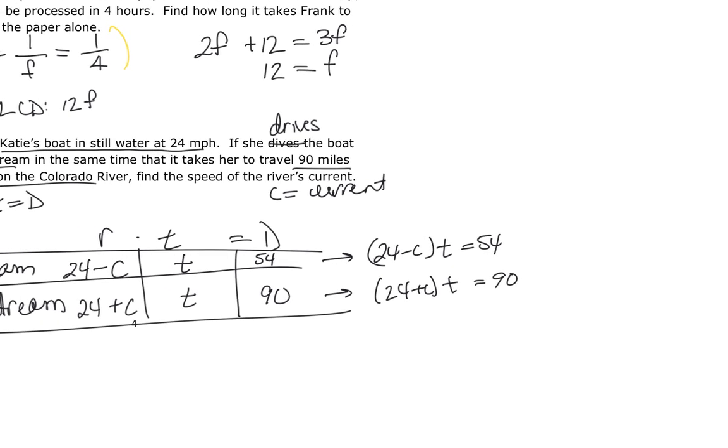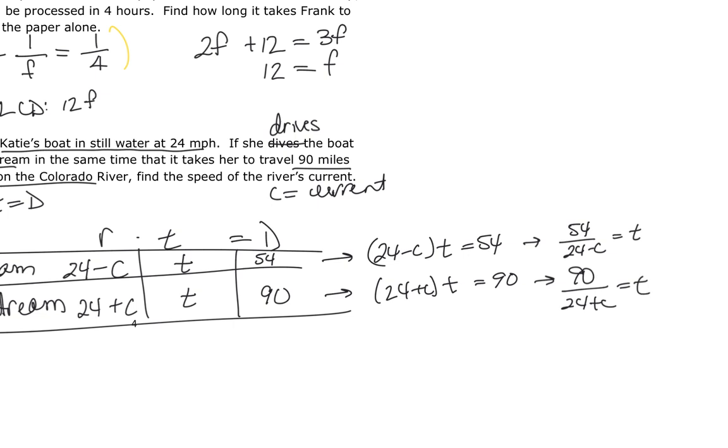So 2 equations, 2 unknowns. Let's solve for t. I'm going to take this and solve for t, and I'm going to have 54 divided by 24 minus C is equal to t. I'm going to do the same thing here, and so I'm going to have 90 over 24 plus C is equal to t.